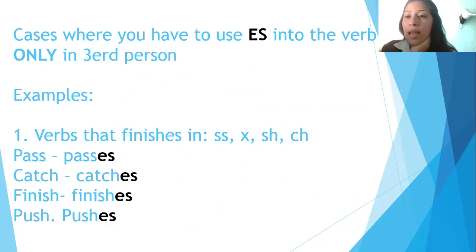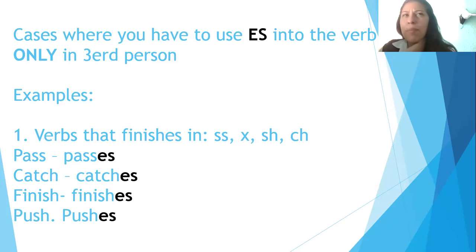Tenemos acá some examples. And it says, verb that finishes in SS, X, SH, or CH. Tenemos pass, but if I'm talking in third person, I'm going to use passes. Catch, catches. Finish, finishes. Push, pushes. ¿Ok?